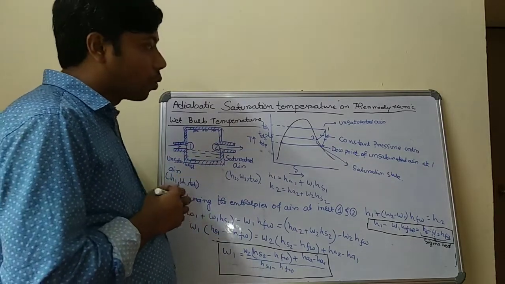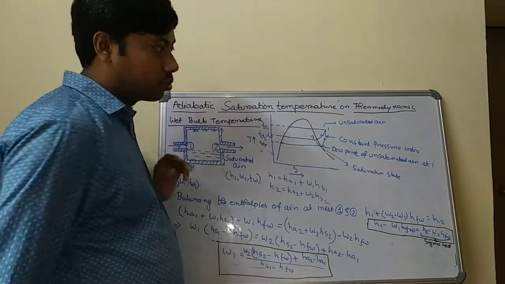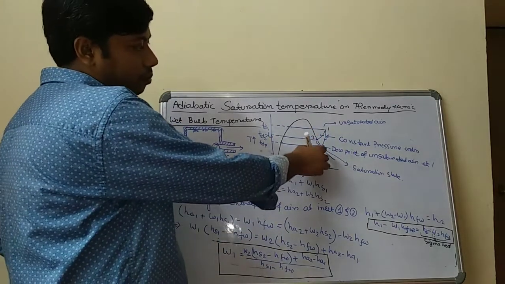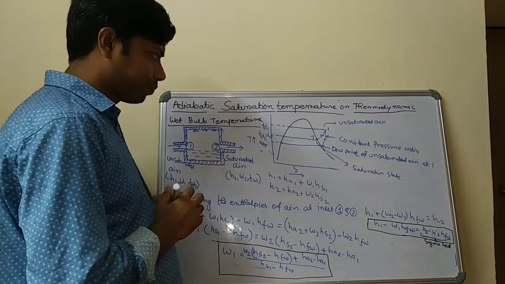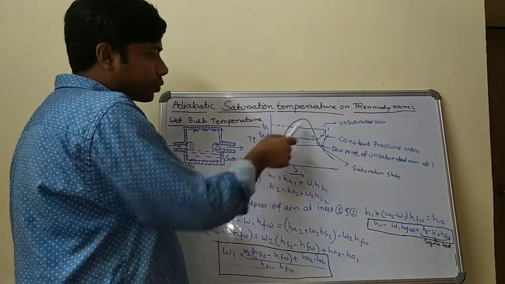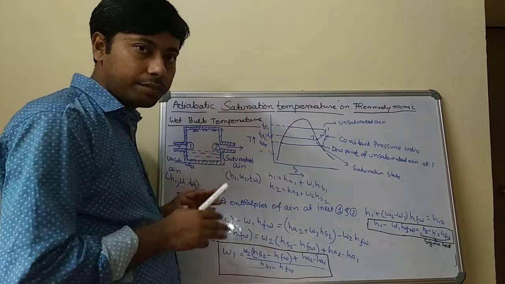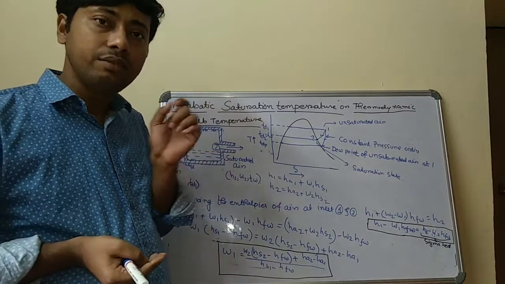This process also indicates a constant pressure cooling process, and that point is the dew point temperature. Okay, so corresponding to the unsaturated air, if you draw the TS diagram, this point indicates your dry bulb temperature; as it is the initial condition, it is indicated as TD1.